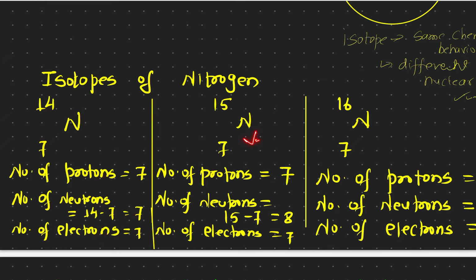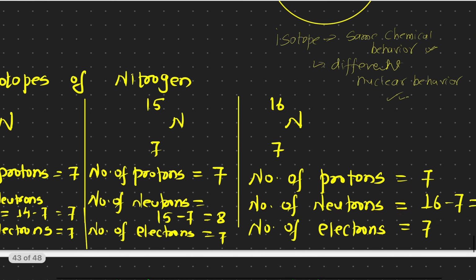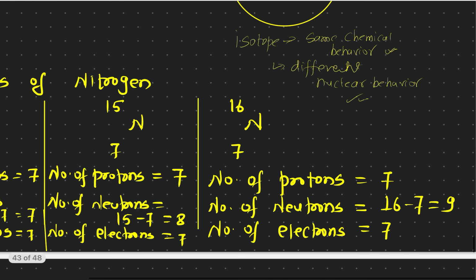For this case, the number of protons is 7, the number of neutrons will be 15 minus 7, that is 8, and the number of electrons will be 7. For this case, the number of protons is still 7, the number of neutrons is 16 minus 7, that is 9, and the number of electrons will be 7.